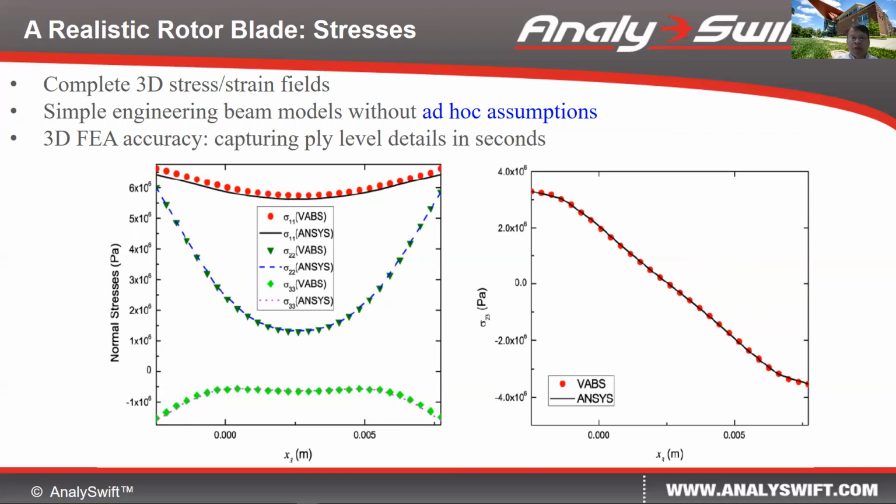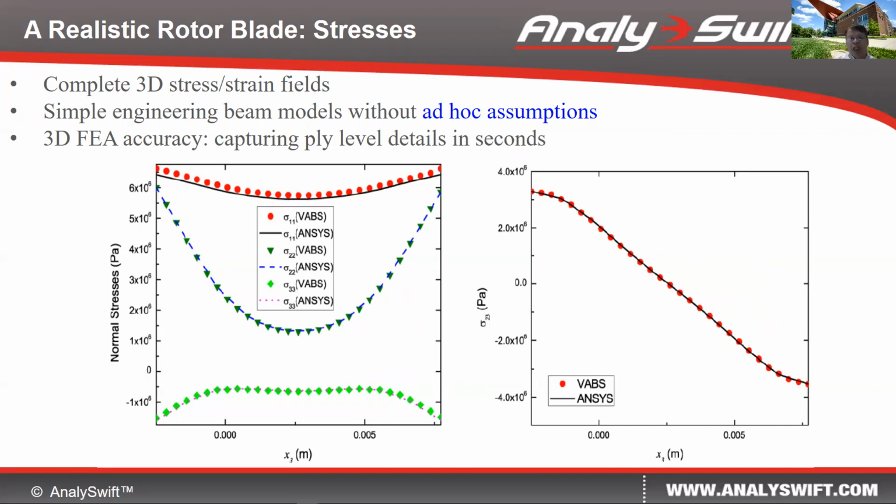We also find that we not only have this axial normal stress, longitudinal stress, we also have other stress components, the transverse normal stresses, and also transverse shear stresses. Usually a beam theory can only give you approximately correct longitudinal stress and also the longitudinal shear stress in two directions.